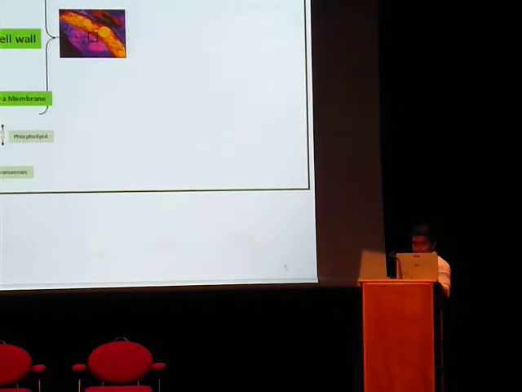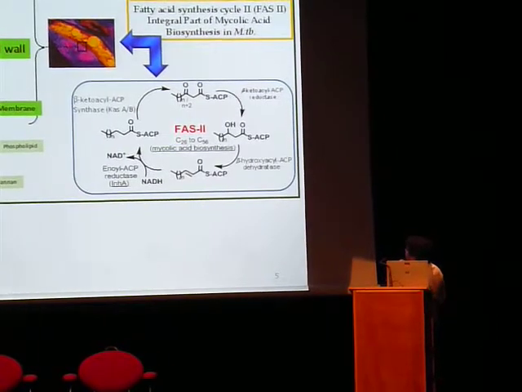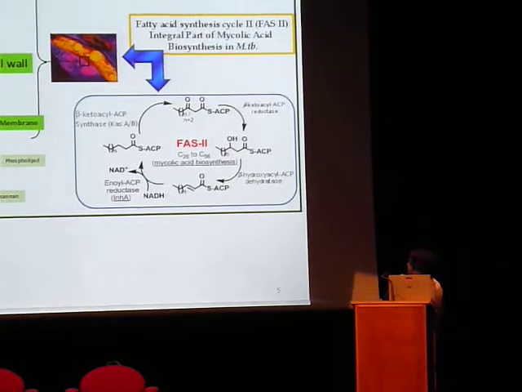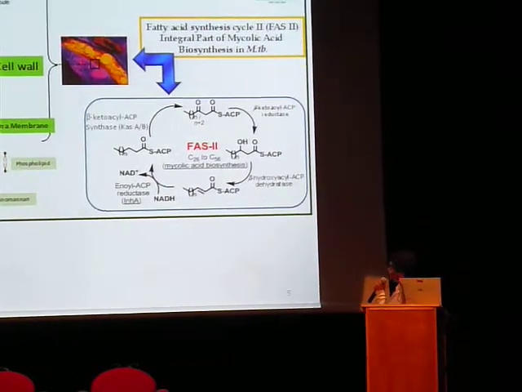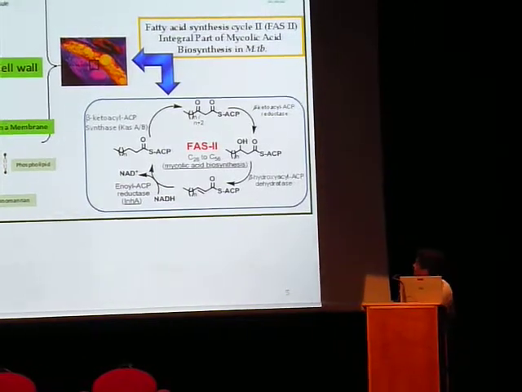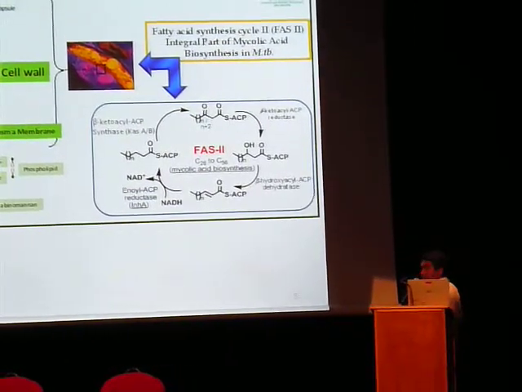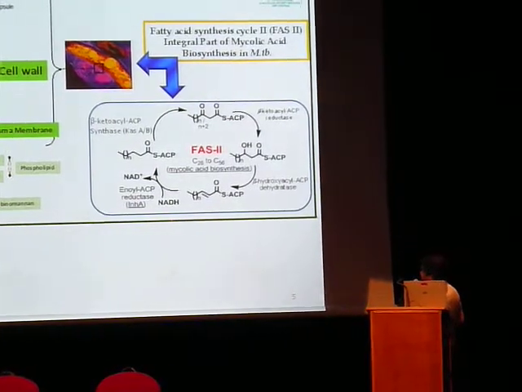And the fatty acid synthesis 2 cycle is an integral part of mycolic acid biosynthesis. Importantly, the fatty acid synthesis 2 cycle is an exclusive feature of prokaryotes, so targeting this cycle is quite advantageous.